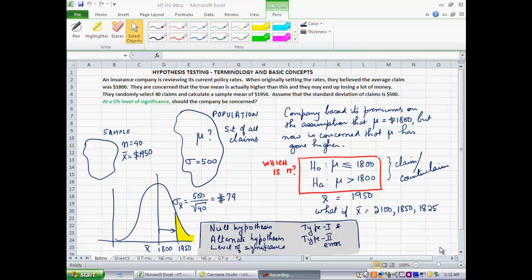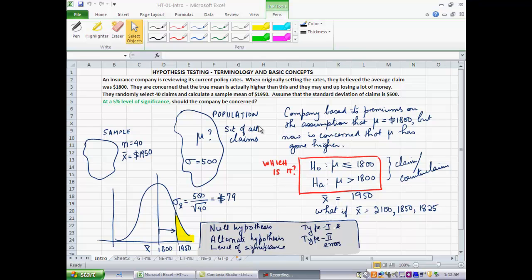So we have an insurance company which is reviewing its current policy rates. Originally, when it set the rates, they believed that the average claim that they received was $1,800, and now they're concerned that the true mean is actually higher and that they may end up losing a lot of money. So let's take those two sentences, and if you think about the narrative, you can see that the population that we are referring to here is the set of all claims faced by the company.